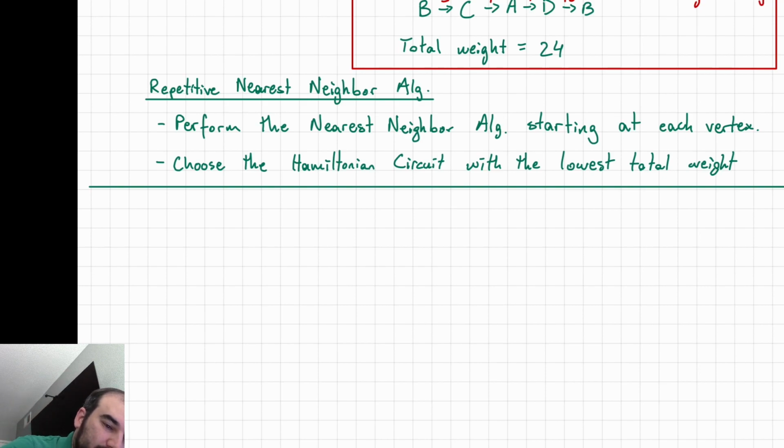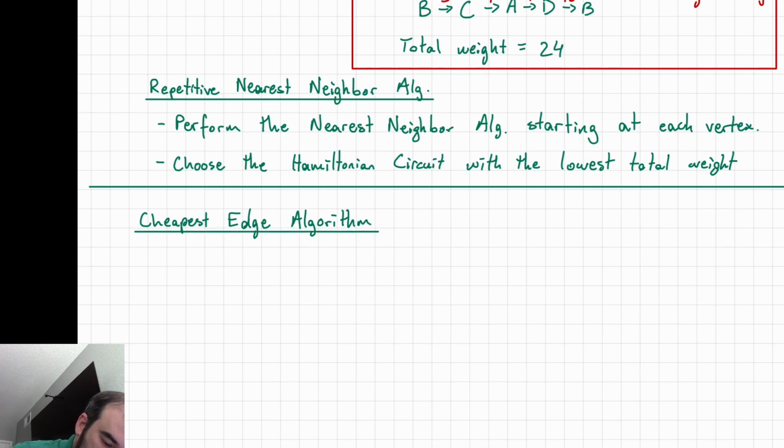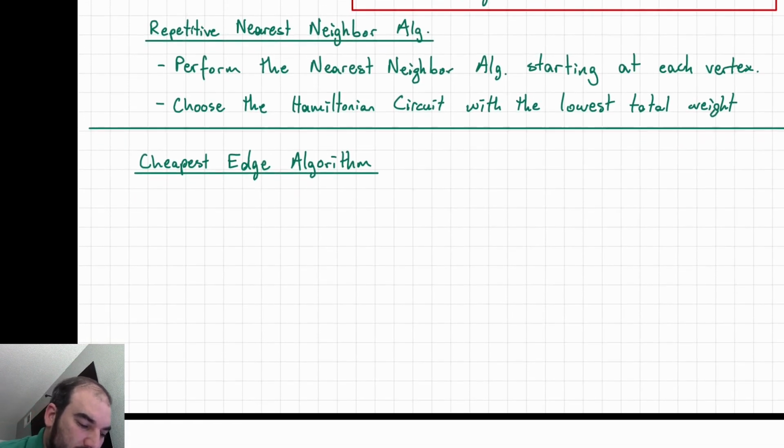Next, we want to talk about the cheapest edge algorithm. The cheapest edge algorithm, we start by listing every edge weight in ascending order.